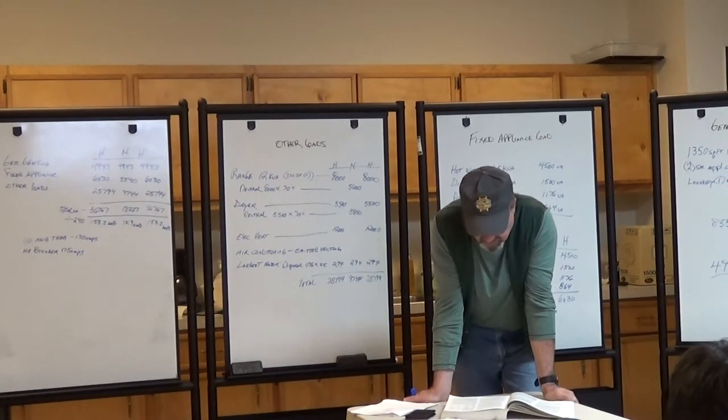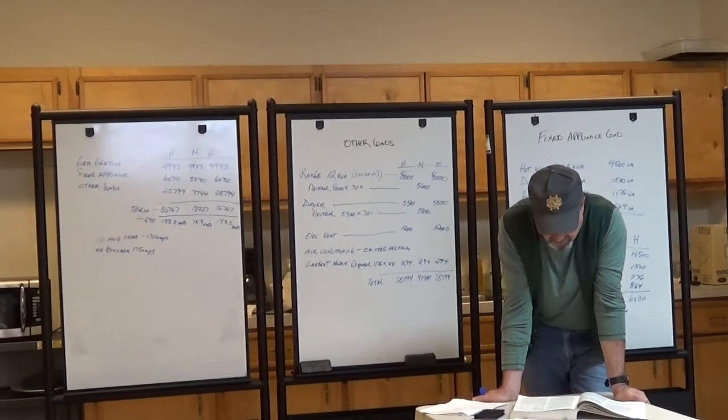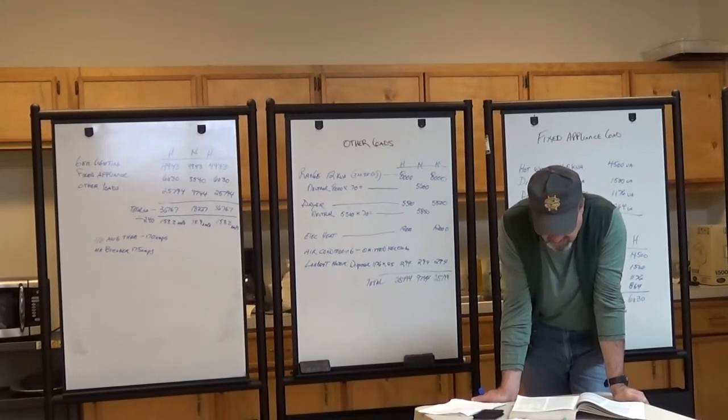It says: size of the alternating current grounding electrode conductor, A, connections to a rod, pipe, or plate electrode.